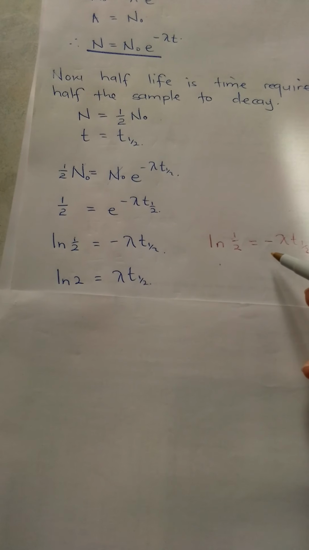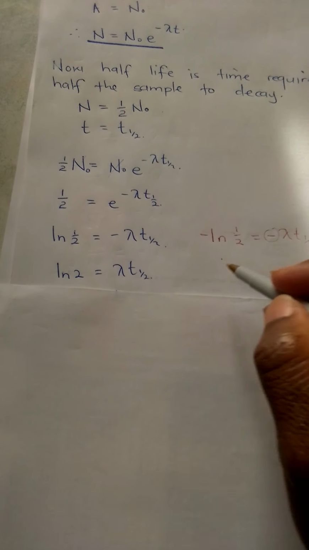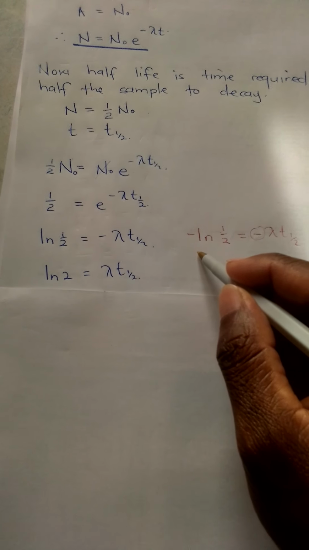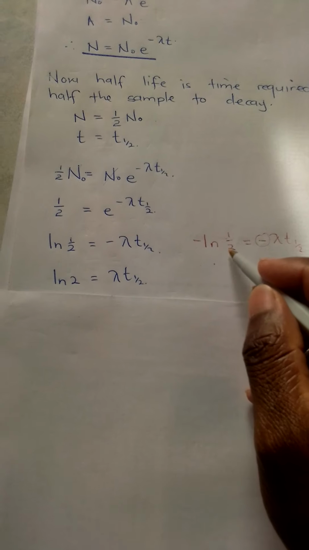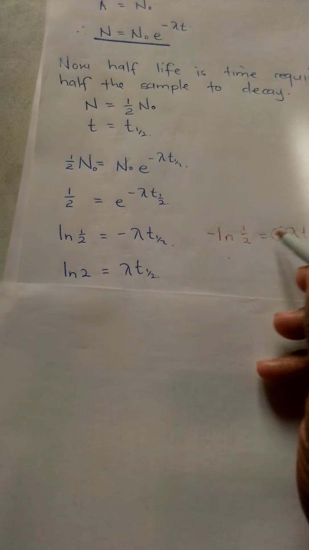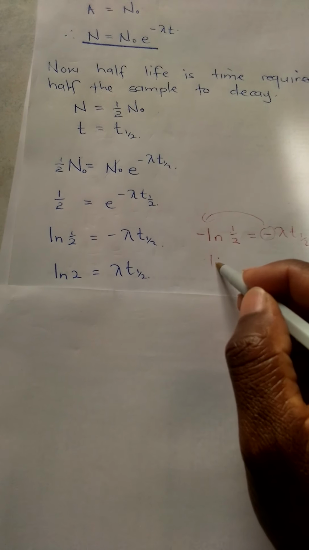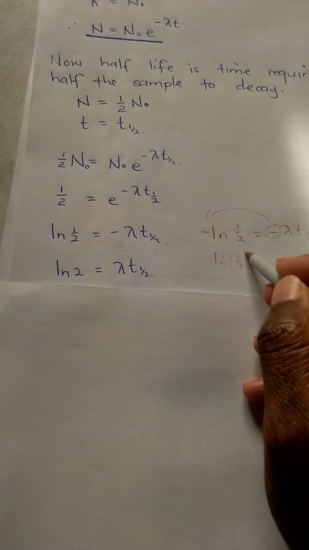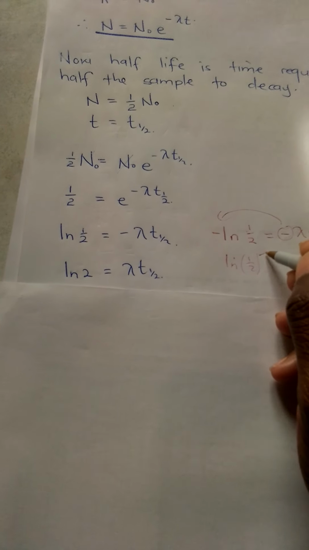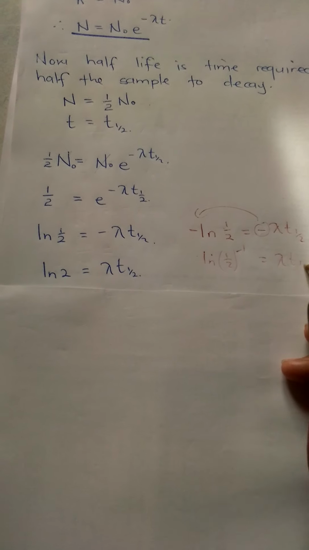So what do we do here? This negative goes that side, so that is minus ln half equals to lambda t half, and then ln half to the power minus 1 is lambda t half.